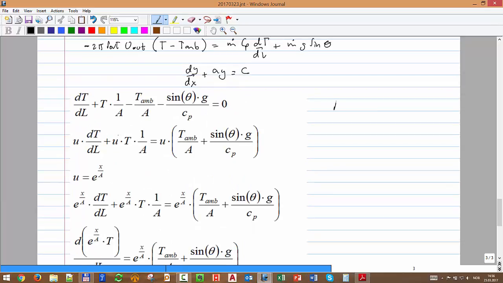or in my case A, okay, I call it A. A is MCP over 2 pi R out times U. So I have to calculate it, and be careful that I can use that equation only if that doesn't change, and also that doesn't change.